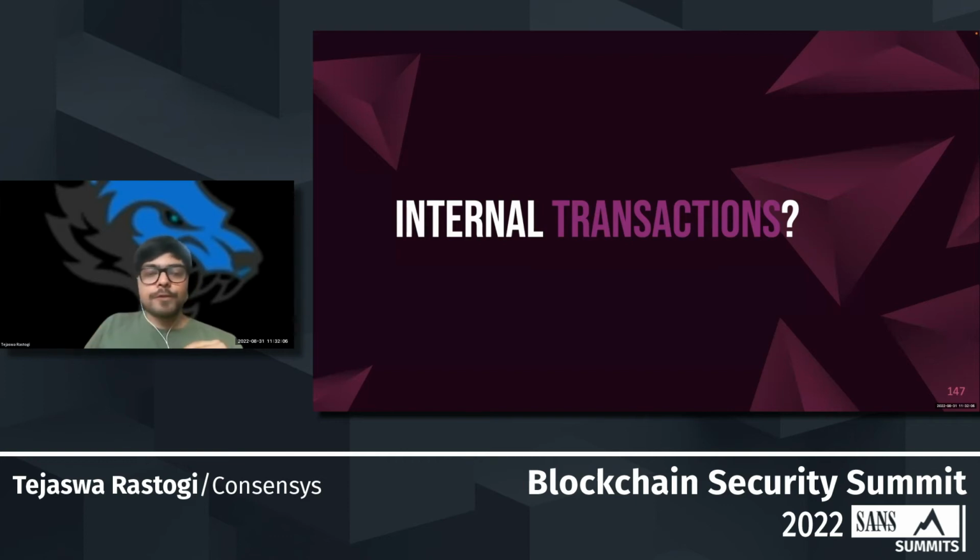Now we have to get these internal transactions, because that's what matters to us the most. From the external transaction, what we can get is just the value, from, to, and maybe the data of the function being called on the first top level smart contract. Let's say I am an attacker, and I've created a smart contract, and inside it I'm taking a flash loan.